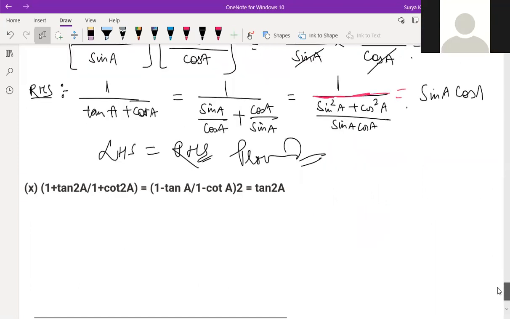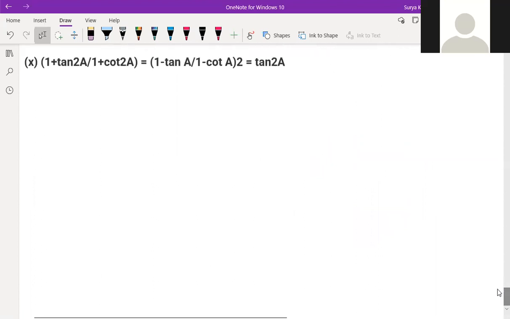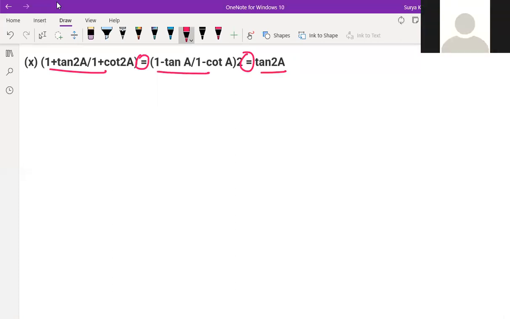Now the last question of this chapter, actually of the NCERT. So you have to prove that this is equal to this and this is equal to this. All three are similar to each other. All three are same.